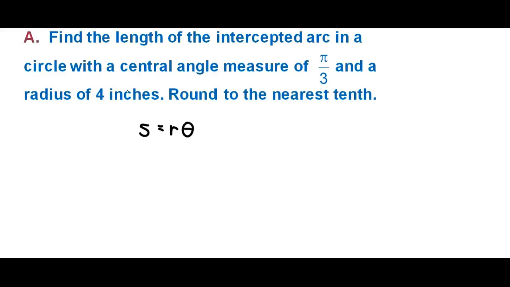We will say that S equals our radius of 4 times our angle of pi over 3, which would give us 4 pi over 3 radians for our arc length, and they say round to the nearest tenth. So when we calculate that out, that's going to give us about 4.2, and remember our units are in inches.